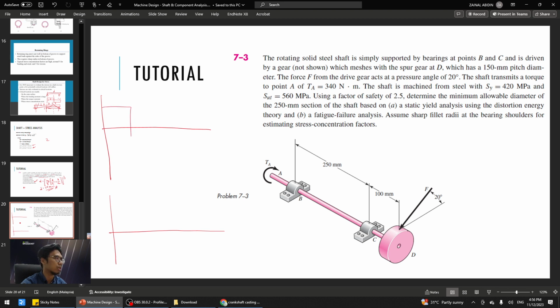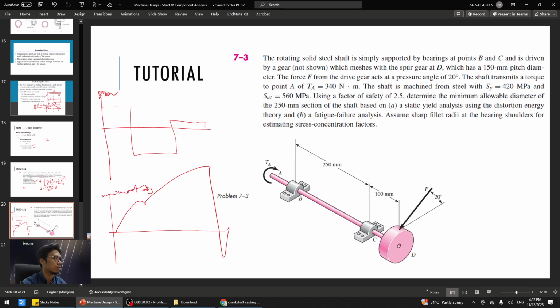Saya pun tak tahu kalau dia macam ni ataupun dia macam ni kan. So you need to draw this shear diagram dengan moment diagram.